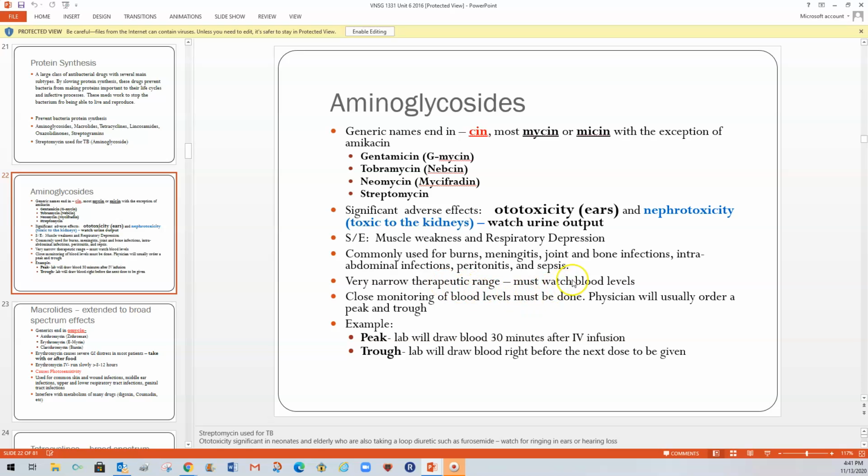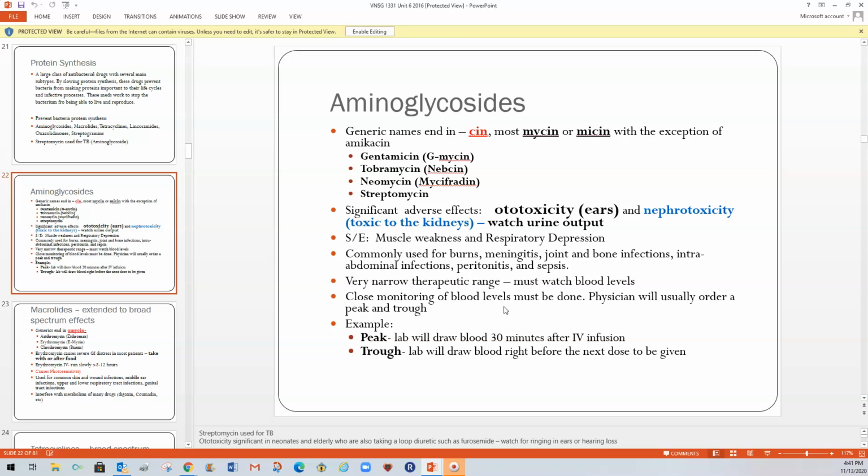You need to watch the blood levels because they have a very narrow therapeutic range. And that's what I talked about, the peak and trough. The peak is drawn 30 minutes after the infusion, and the trough is drawn right before the next dose. So you will call the lab and tell them you need a peak and trough drawn, and you're getting ready to administer that drug.